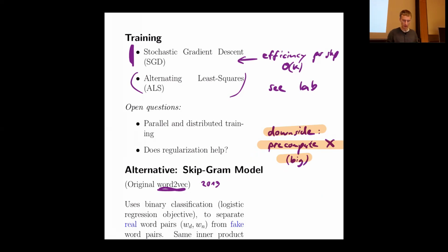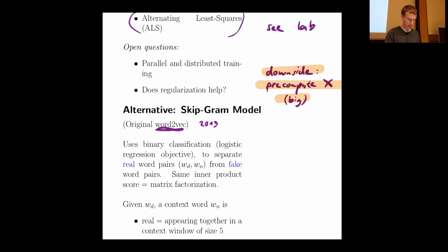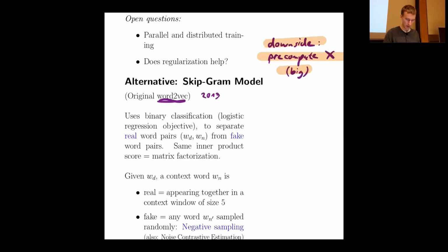What Word2Vec does is exactly the same idea. The goal is completely the same: we just try to learn word vectors W to reflect our scores, and the way we do this is exactly the same.